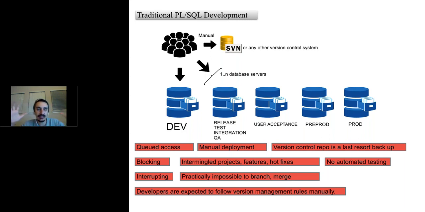The best case I've seen is a check in and check out button on the editor they use, which helps them to check in, check out, and save to SVN. That's the best. But usually there are always backdoors, and the process of saving to SVN is almost always manual, if not from dev. It's almost always manual if you change anything, as you inevitably do, in the release, test, integration, or user acceptance.